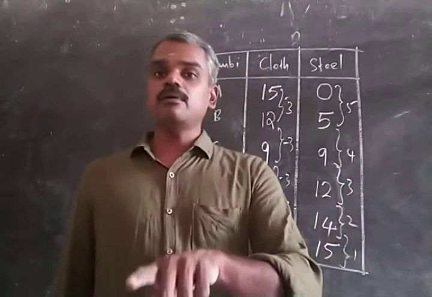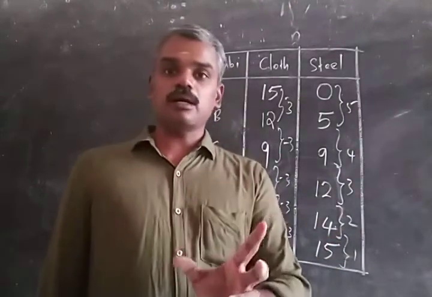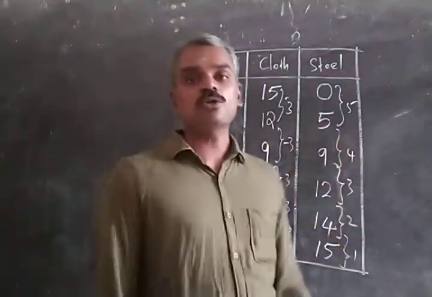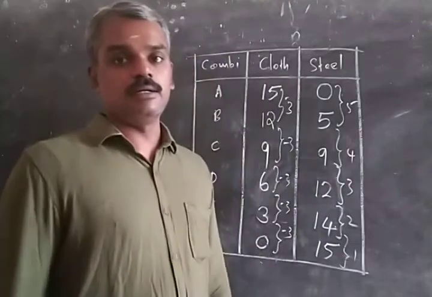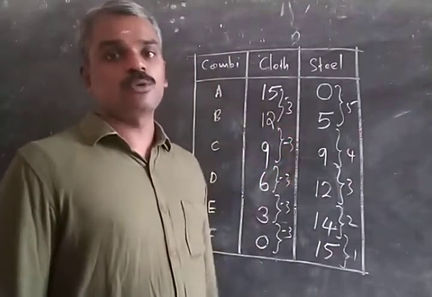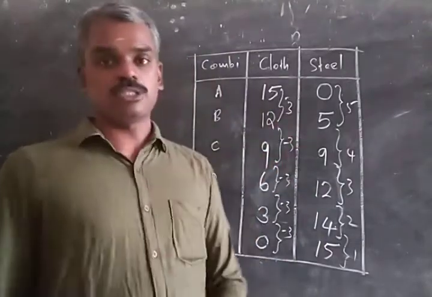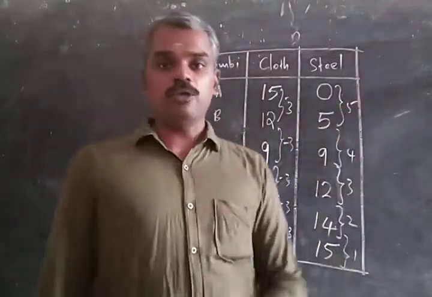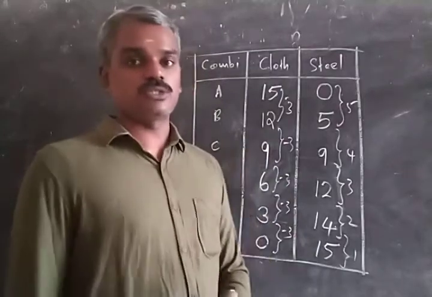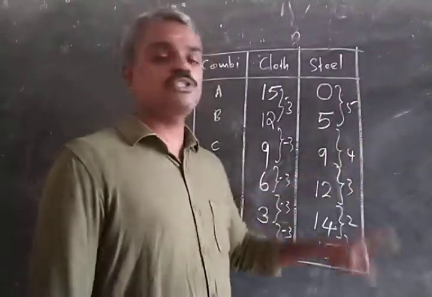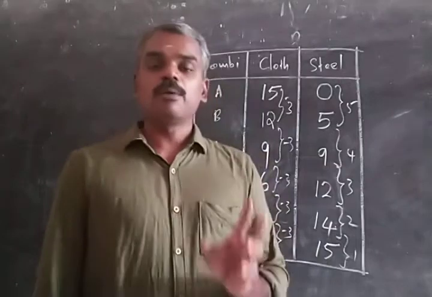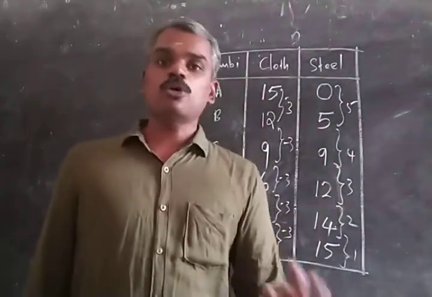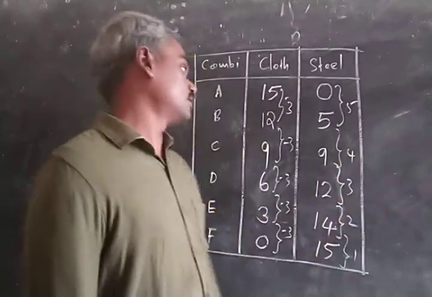So the production of steel does not increase as much as earlier when the same amount of resources were diverted from cloth to steel. Earlier, production of steel increased by 5 units because the most suited resources were diverted. Now it increases only by 4 units because the most suited resources have already been diverted, and now the not so most suited resources are being diverted.